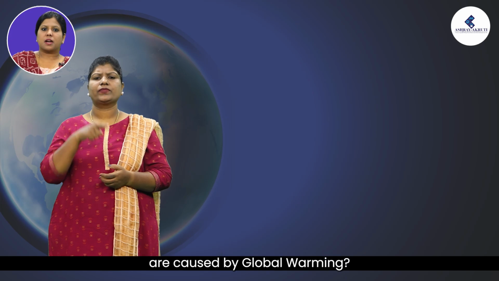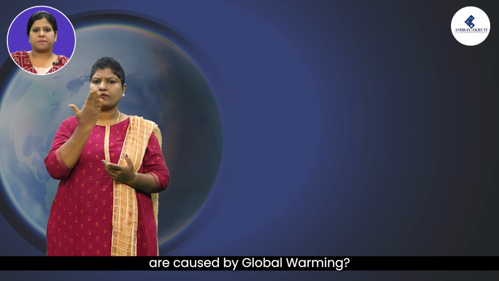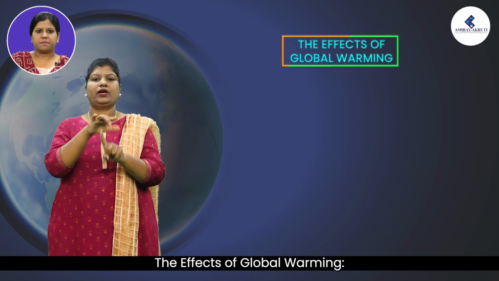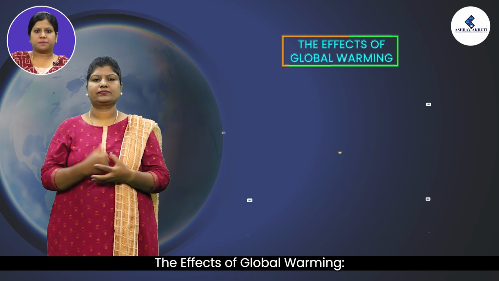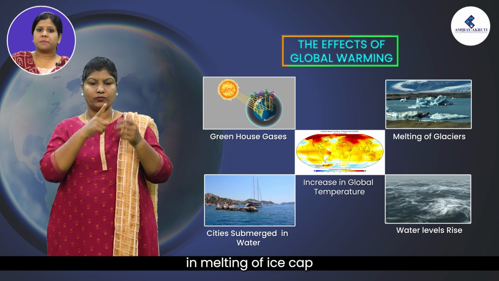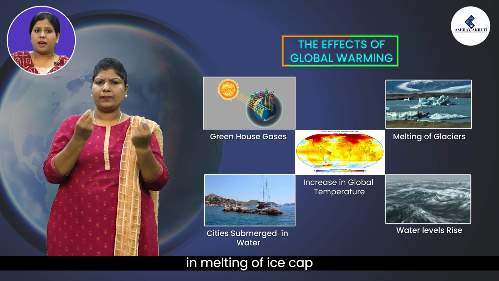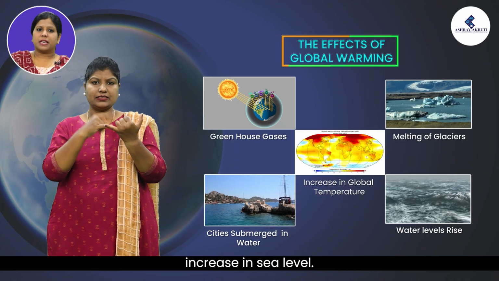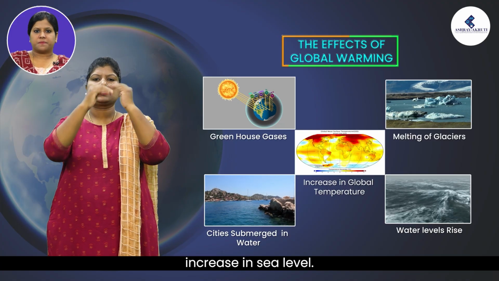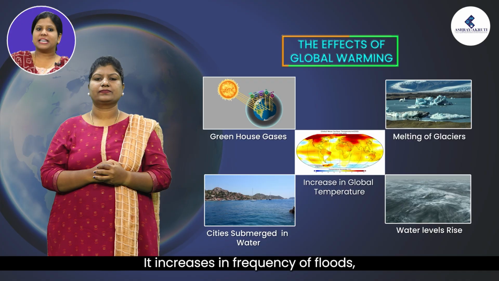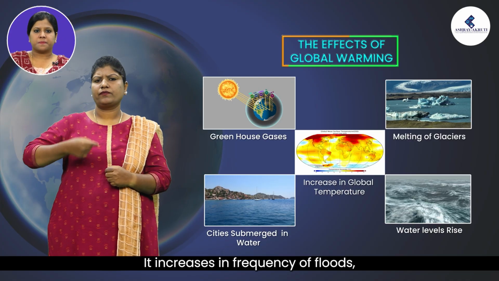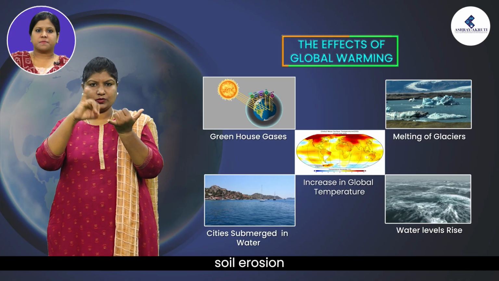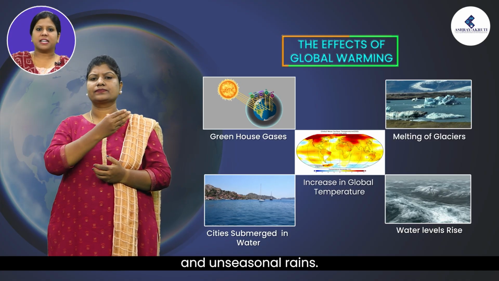What consequences are caused by global warming? Let's see the effects of global warming. Global warming results in melting of ice cap and glaciers, causing increase in sea level. It increases in frequency of floods, soil erosion and unseasonal rains.